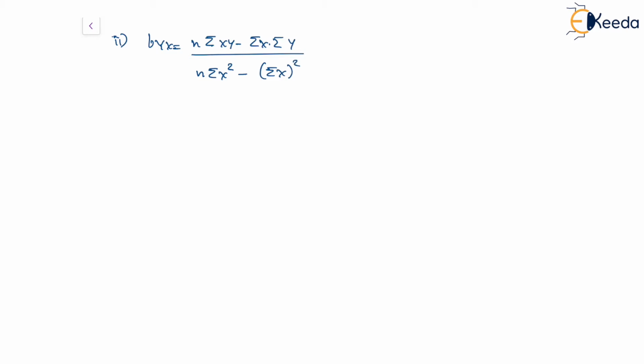This is 5 times 76 minus 20 times 20, divided by 5 times summation x square, which is 90, minus square of summation of x, that is 20 square. This comes out to be negative 0.4.